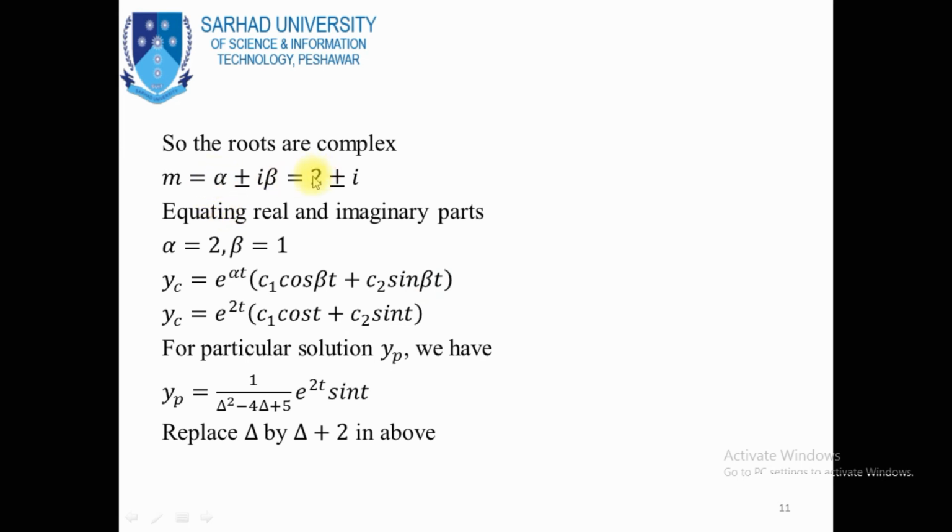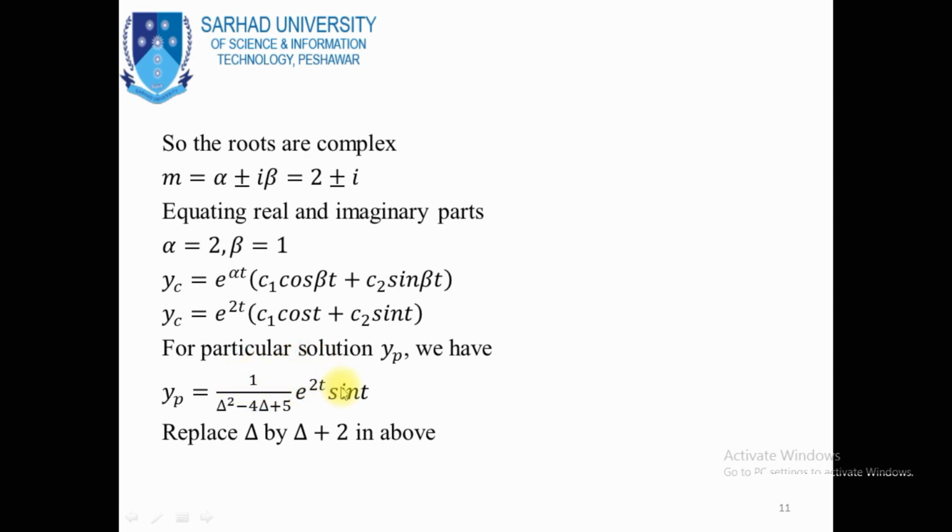The value of alpha is 2 and the value of beta is 1. So putting the values of alpha and beta, we have the complementary solution e power 2t into c1 cos t plus c2 sin t.